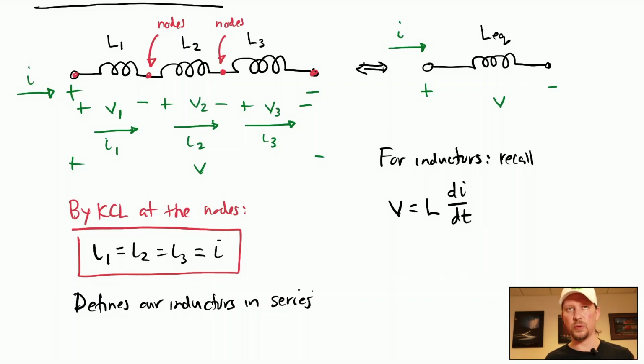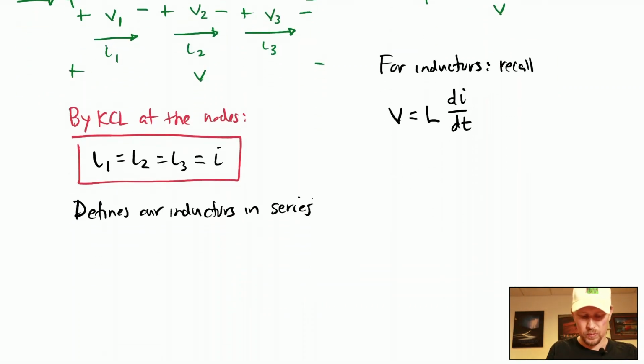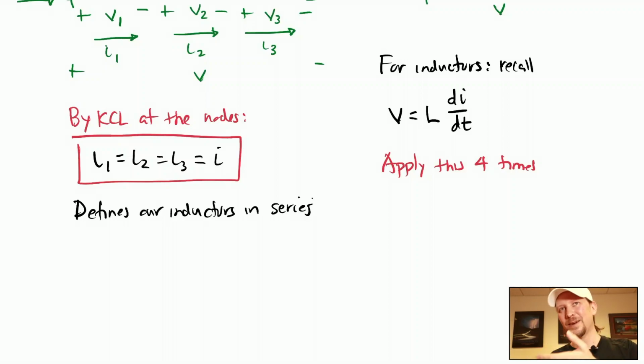And we're actually going to apply this a total of 4 times. The first time is across the inductor L1, then across the inductor L2, then across the inductor L3, and then across the equivalent inductor in the other circuit.